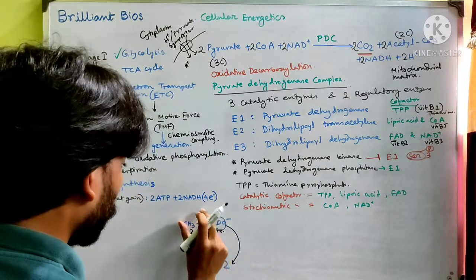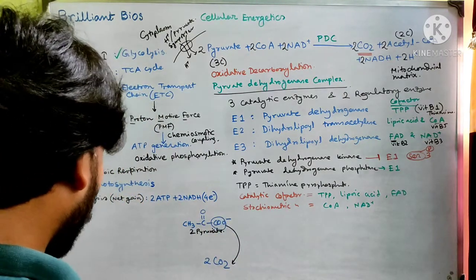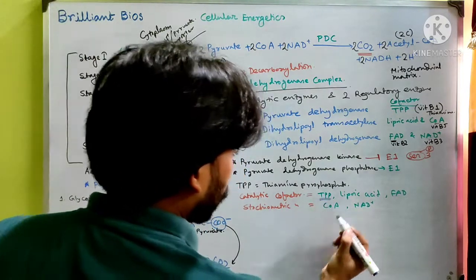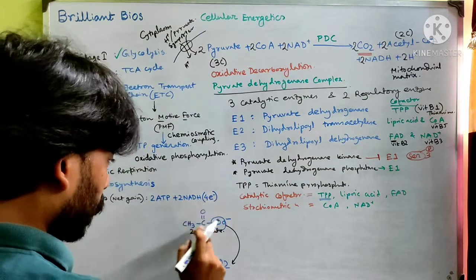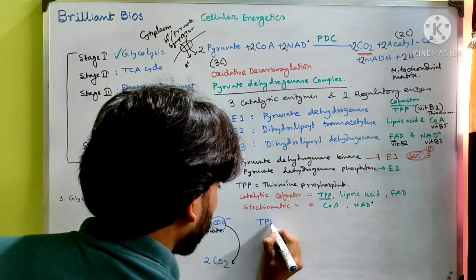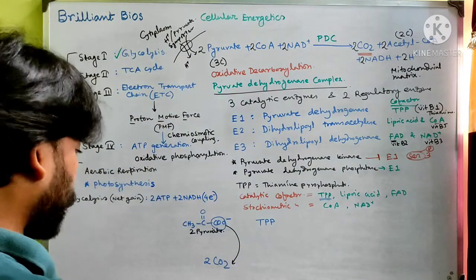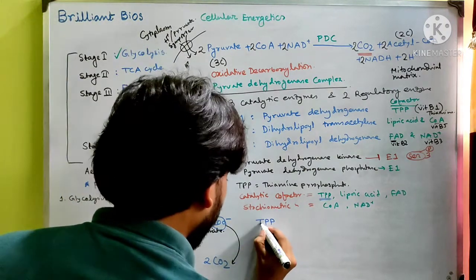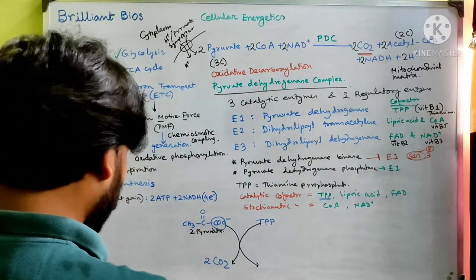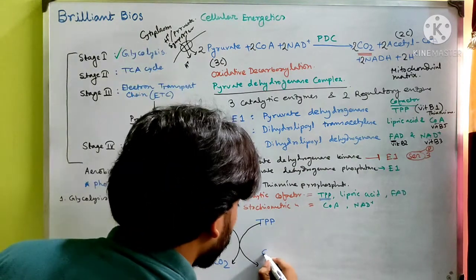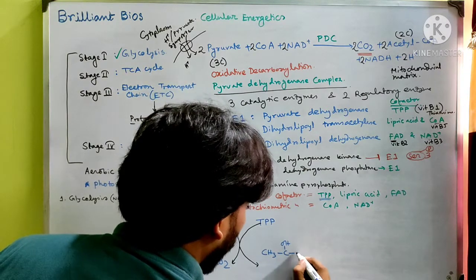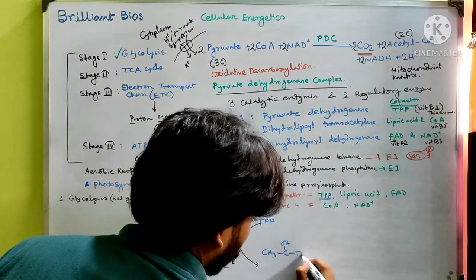So this group actually remains, and one cofactor accepts this remaining part. This is called TPP, thiamine pyrophosphate. It takes the remaining part, and the formula will be CH3 COH and then the TPP.